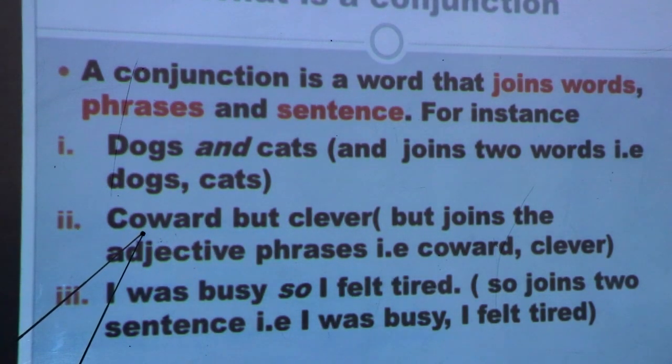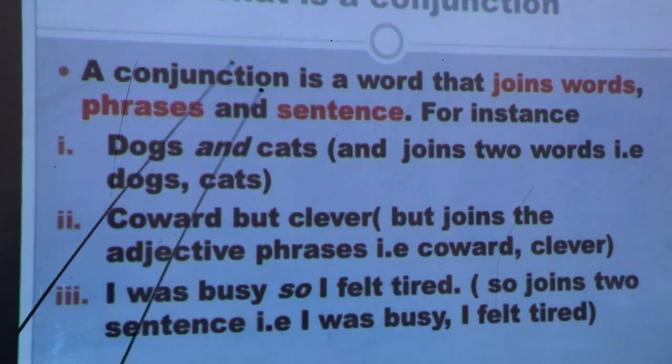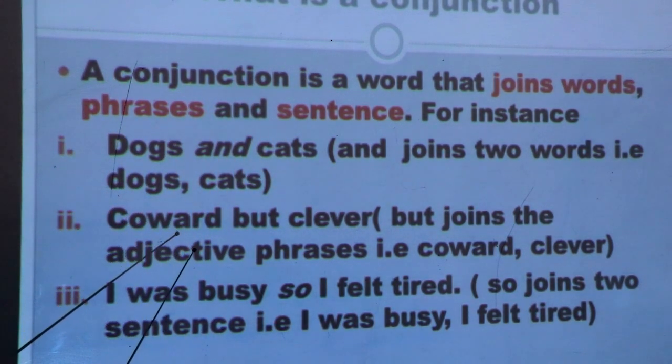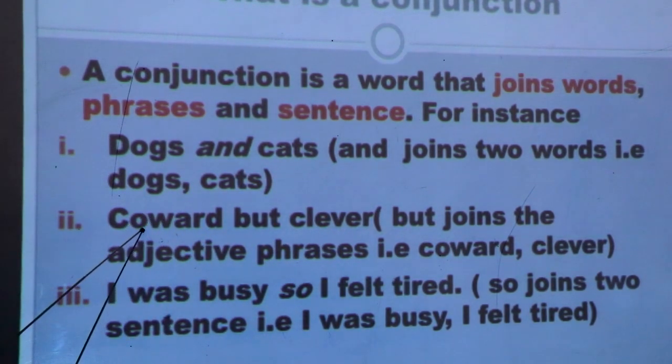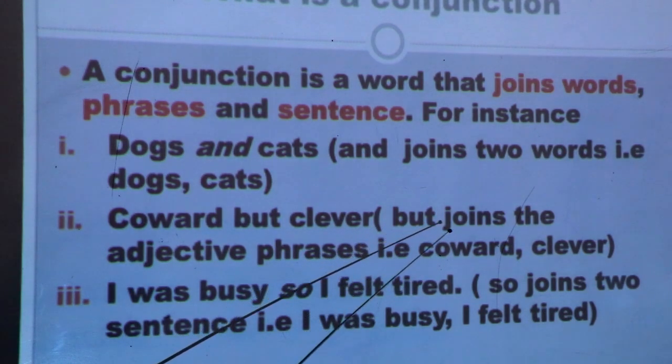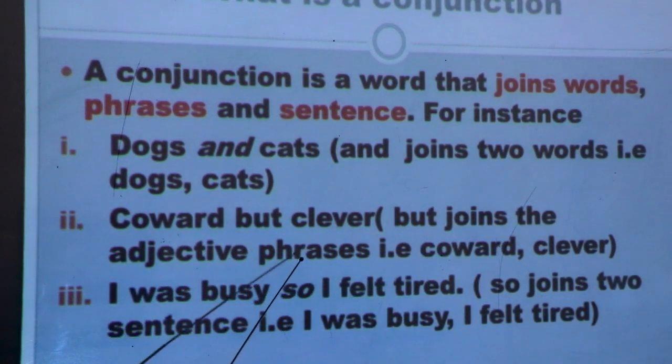The second one is phrase. How is the conjunction joining a phrase? As I told you, a phrase is a group of words which are meaningful, but they lack subject plus verb combination. Like this one, coward but clever. The word in brackets means but joins the adjective phrase.